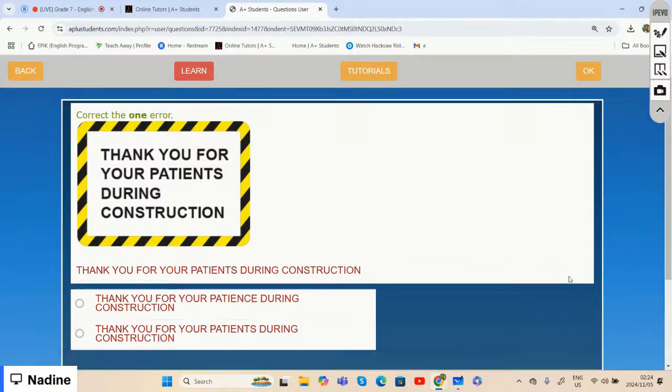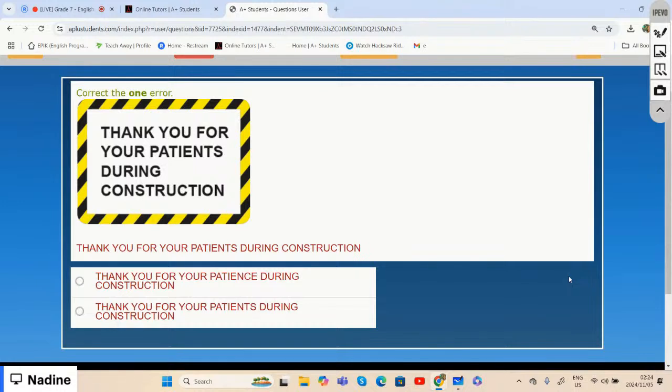All right. The next one says we need to correct the one error on that poster. Thank you for your patience during construction. Thank you for your patience during constructions. What is the one error?